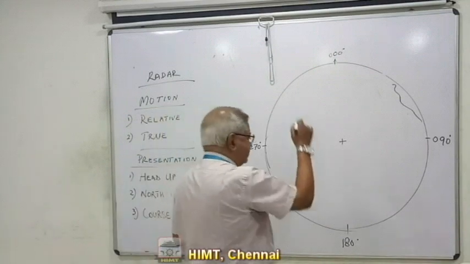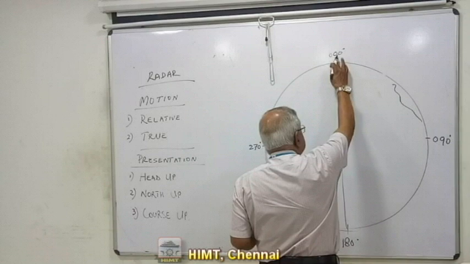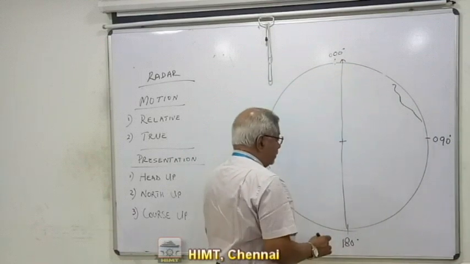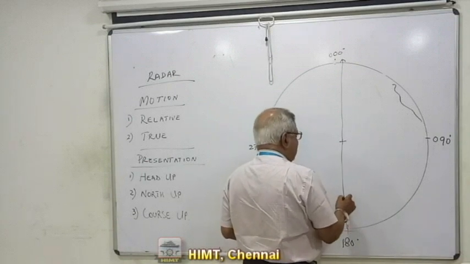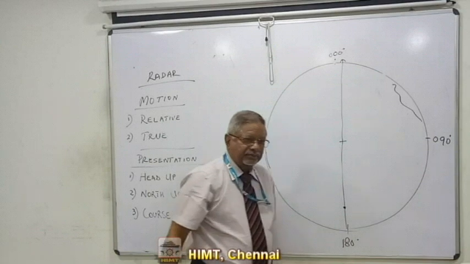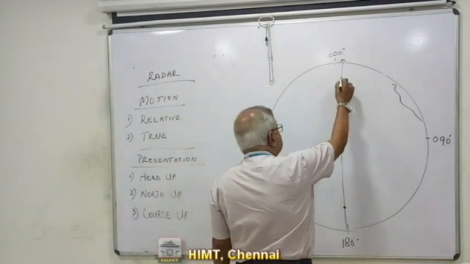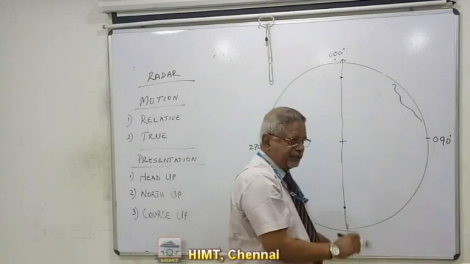Now if your ship was moving in the 000 direction, your ship will move on the screen on this line, and when it comes to about 1/8 from the end of the screen, the whole picture will shift back.